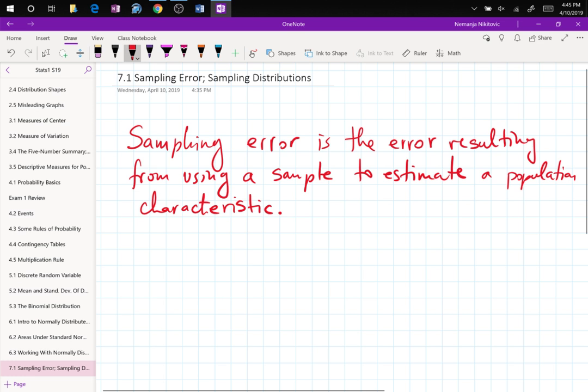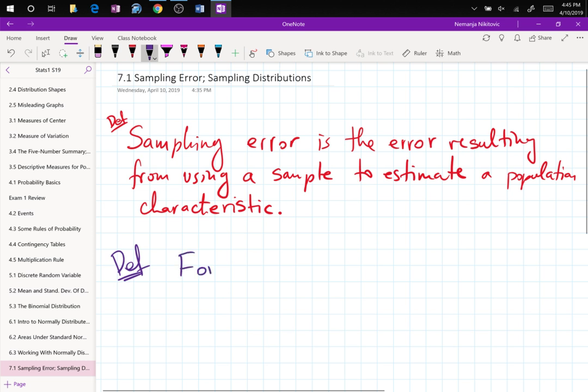So this is the first definition, and now we have the second definition. Let's go purple, I guess. And this one is sampling distribution of the sample mean.